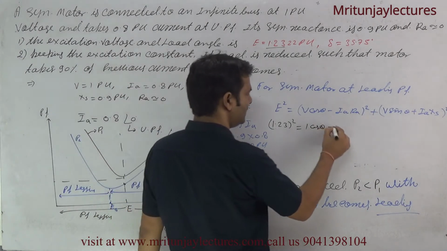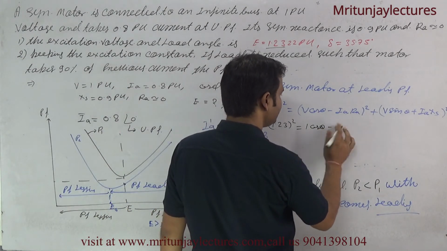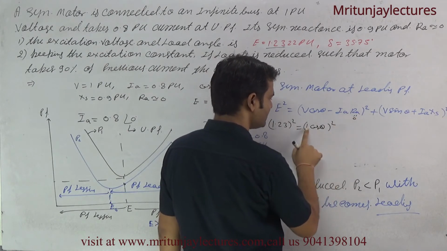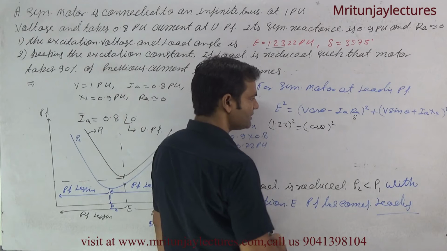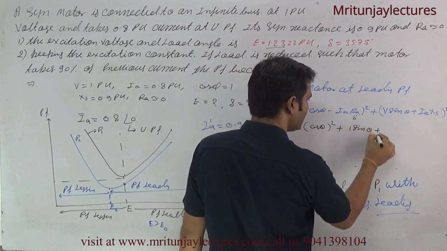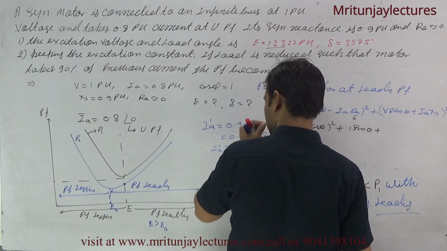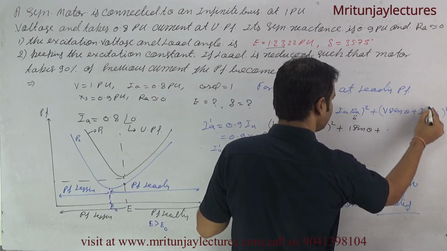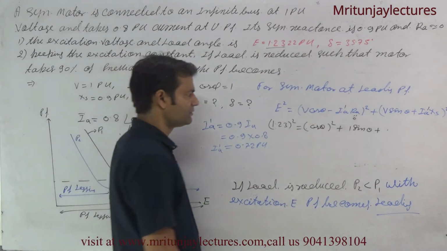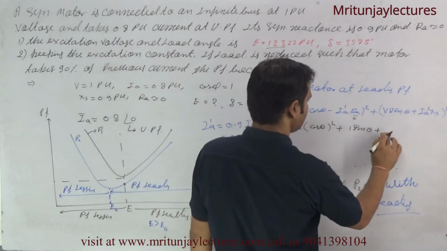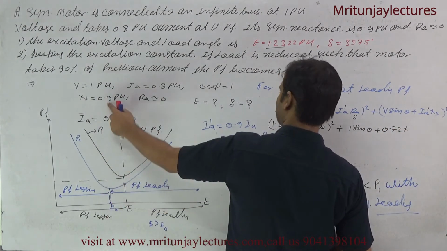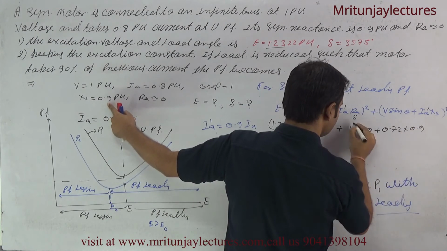So Ia Ra is equal to 0, so only V cos theta square plus V sin theta plus Ia dash, corresponding to the current, that is Ia dash. So it is written like this, and that is 0.72 and this one 0.9 to the whole square.